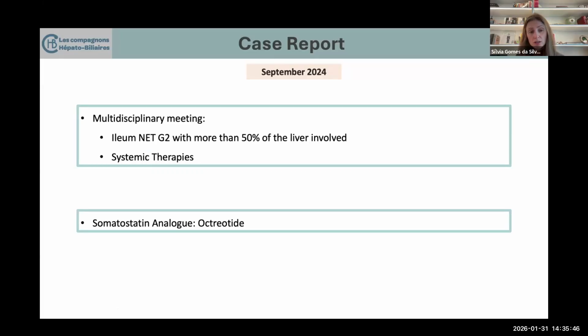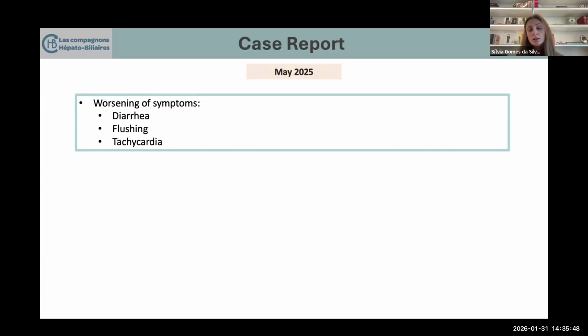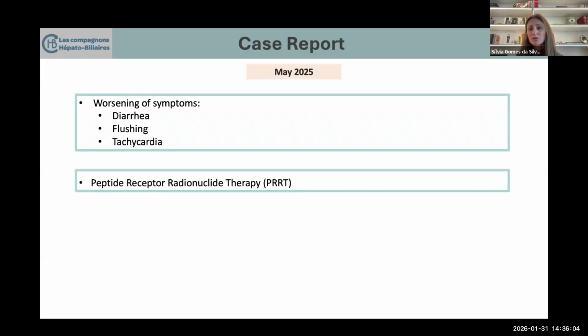So the patient started the somatostatin analogue, but after a few months the symptoms were worsening: diarrhea, flushing, and now tachycardia, with a very low quality of life.